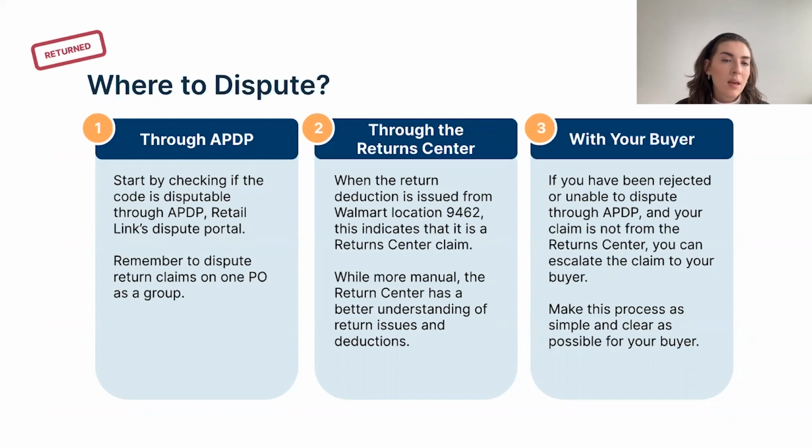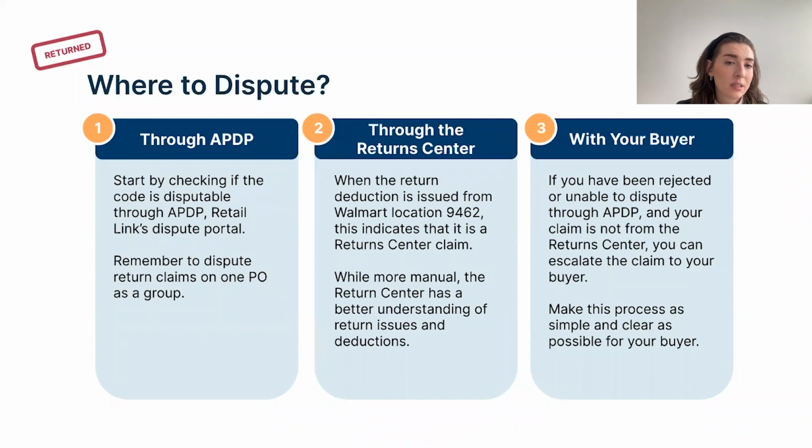So if you get a code in APDP, or you see something come through on APIS, then I would start by checking if that code is disputable in APDP, and that's in Retail Link. We've got other resources on APDP, the Accounts Payable Dispute Portal, if you need a little bit more information on that.